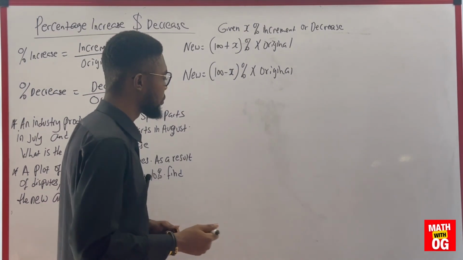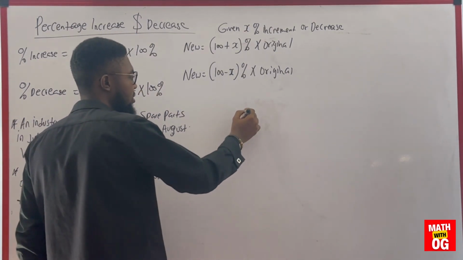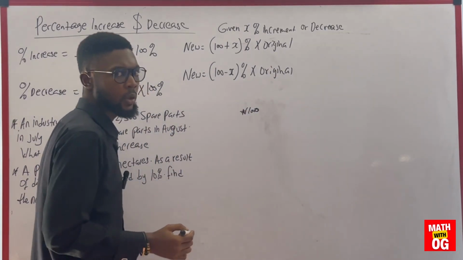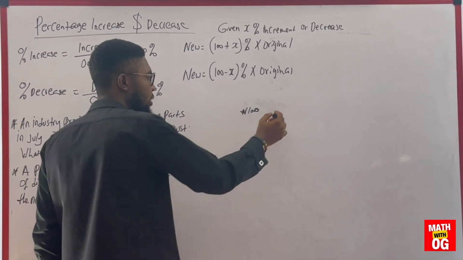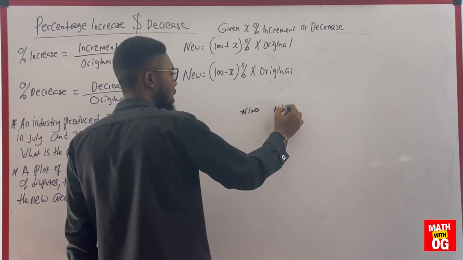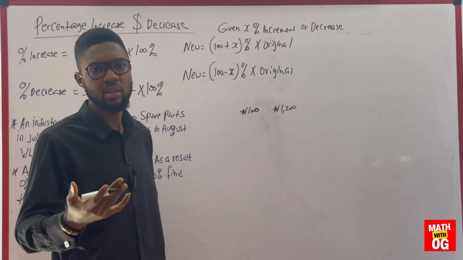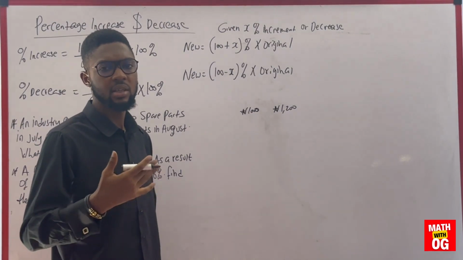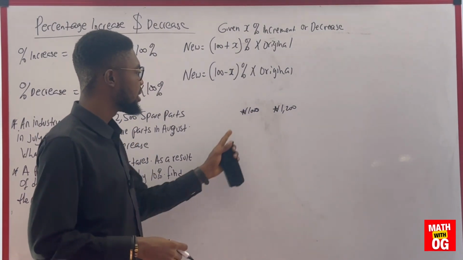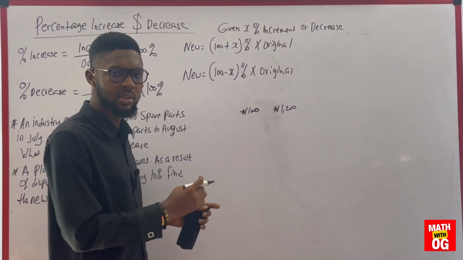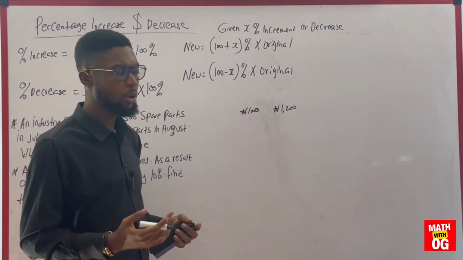For example, you are working in an office, your salary is 1,000 naira. After 2 months, they increase your salary to 1,200 naira. The question, what is the percentage increase? The percentage increase is simply the increment in your salary all over your original salary multiplied by 100%.